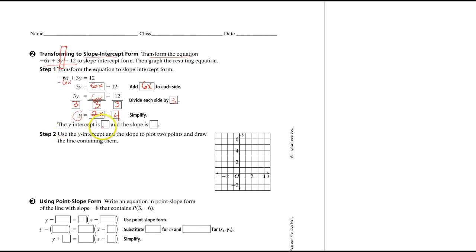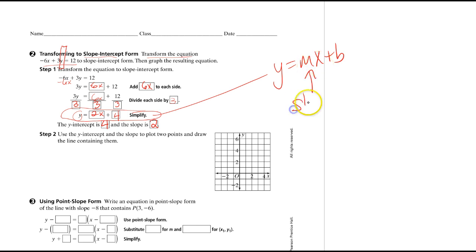Okay, so the y-intercept is 4, and the slope is 2, because after all, here is Mrs. Mitchell's favorite thing in the world, in math class at least, the slope-intercept form, where the thing that's stuck to the x, that is just your slope number.